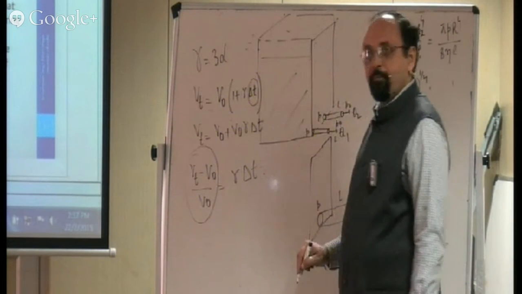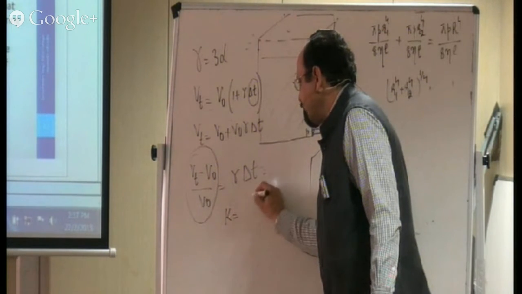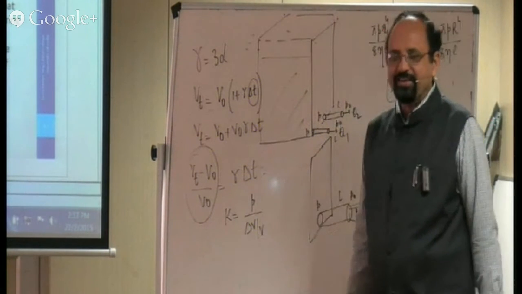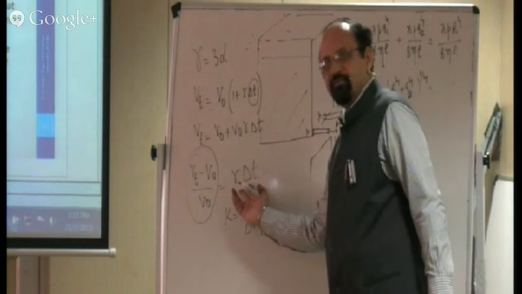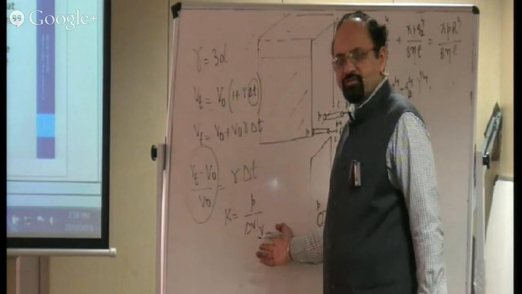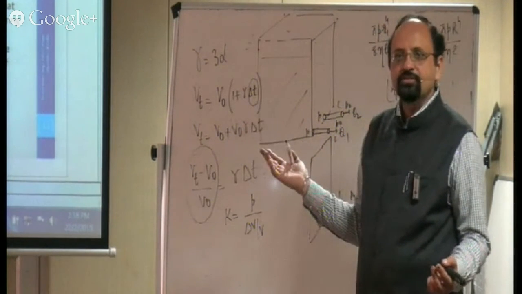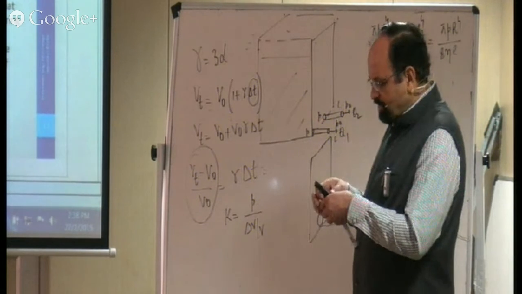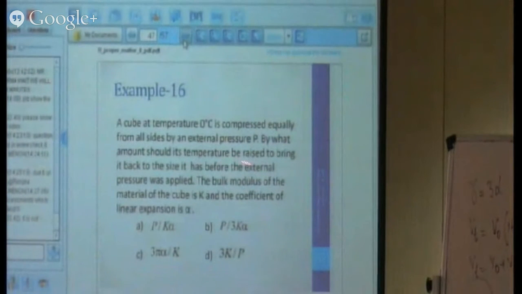And from the relation we have, that is the bulk modulus, that is the pressure stress divided by delta V by V. I'm not using a negative sign deliberately because I know that this quantity is positive. So I'm keeping this as positive. Right? No answer with a negative sign, so there is no problem in this. Why is there no negative sign? Because he already is saying the rise of temperature. The temperature is to be raised.